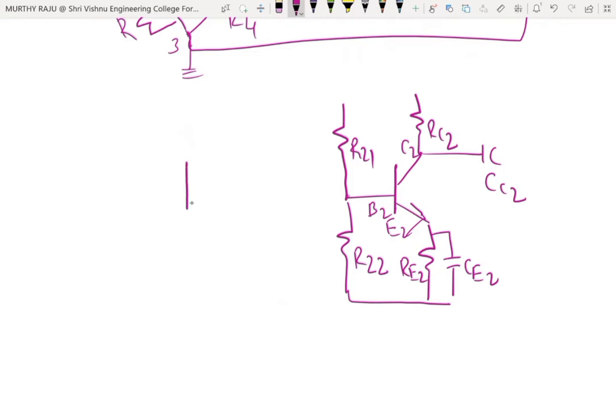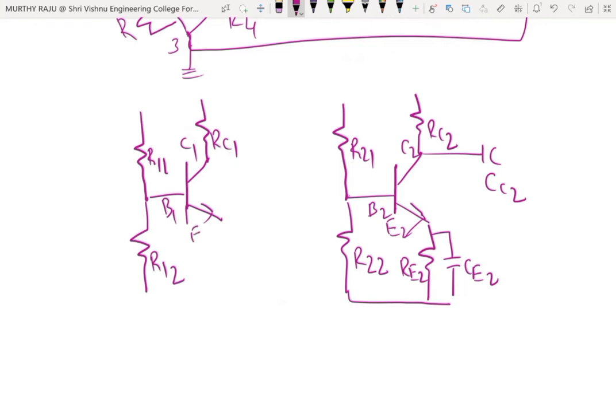This is stage 1. Here stage 1 bias resistors are R11, R12, this is RC1, B1, C1, this one is E1.